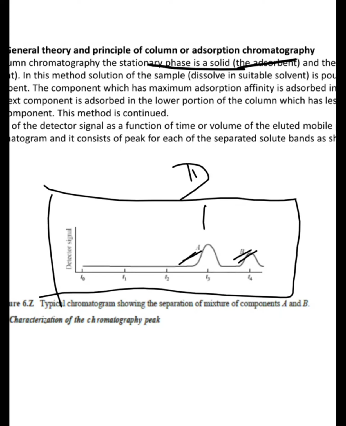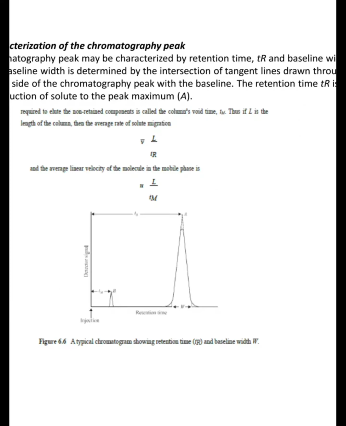And here we are going to calculate these values. The quantity and quality can be measured by using the retention factor. Retention factor is nothing but the time taken for the compound to elute.